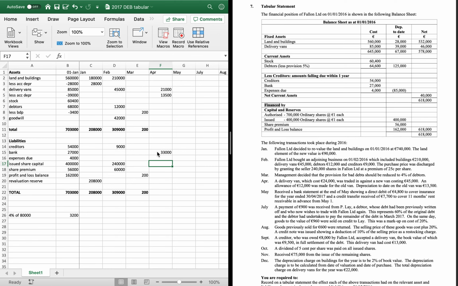So that's it. Well, there's a couple of ways then you can work out the profit or loss. The van cost 24,000. The depreciation on it was 13.5, which means it was worth 10,500. 24,000 minus 13.5 being the 10,500.